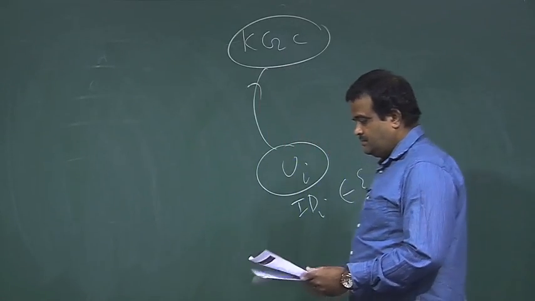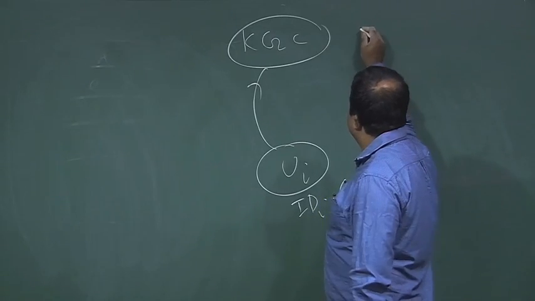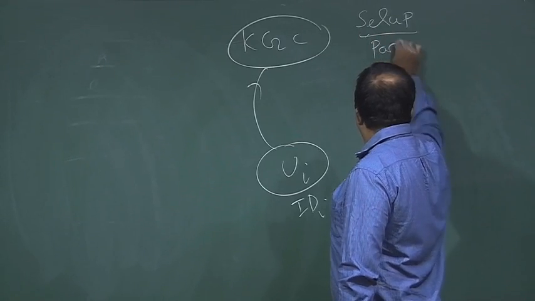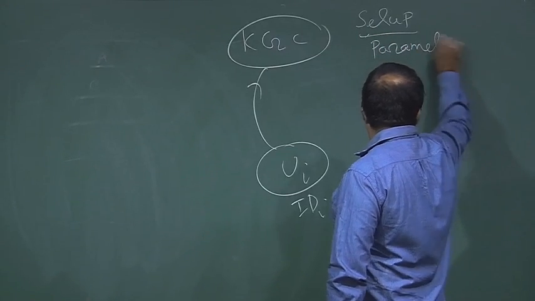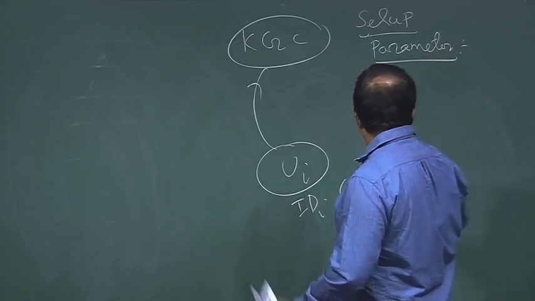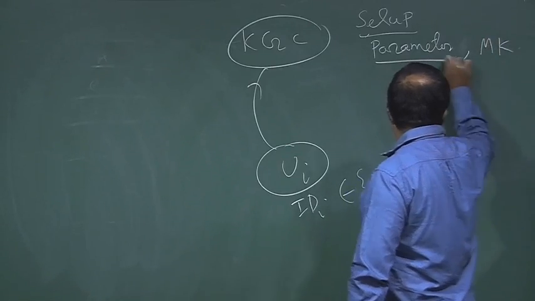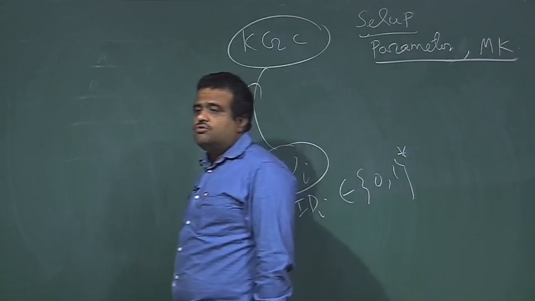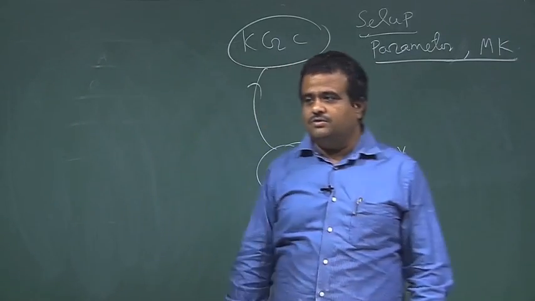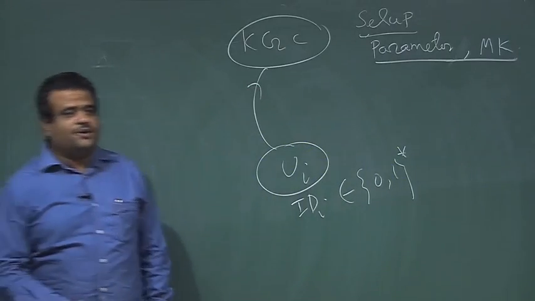In the setup phase, the key generation center chooses some public parameters, which we'll discuss by an example, and a master key, which will be used to get the secret key corresponding to that ID.